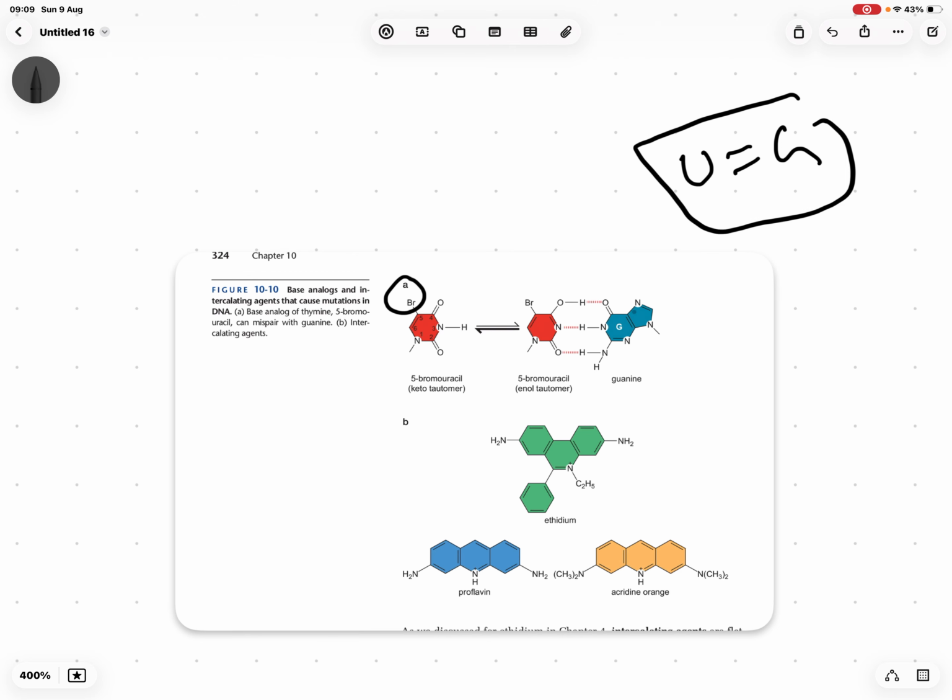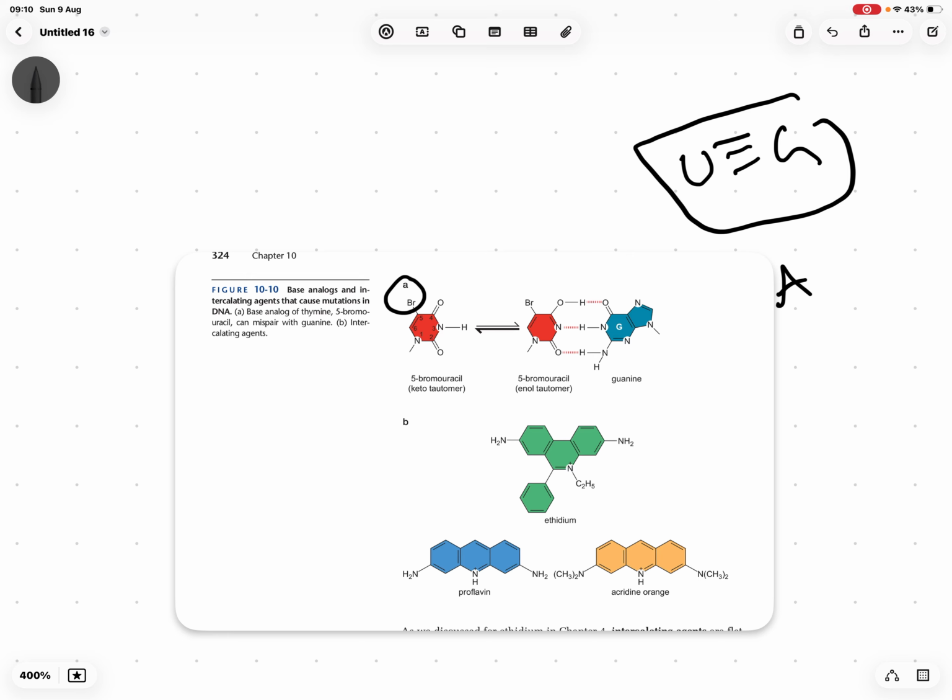Usually it must pair with the adenine, but instead of pairing with the adenine, it pairs with the guanine. This brings a change in the DNA sequence.